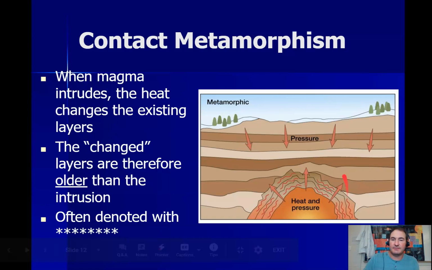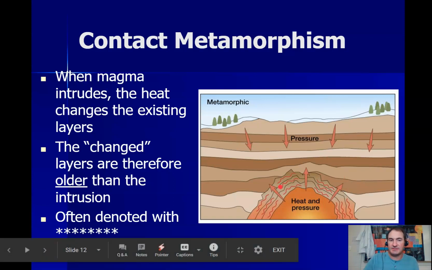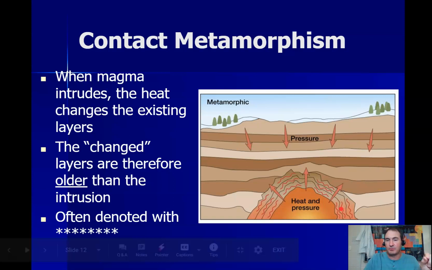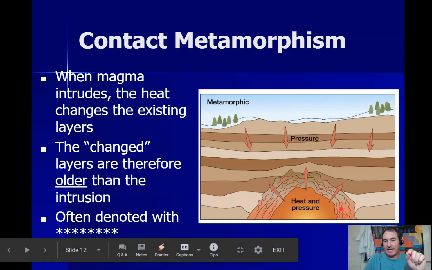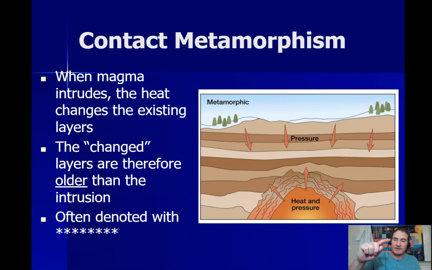A lot of times in this boundary, guys, we'll see little stars. Those little stars will indicate that there's contact metamorphism, or you might see little dashes. But if you ever see an intrusion with an igneous rock, and then on the outside edge of that, you see some kind of an indicator like dashes or asterisks, that tells you that there's contact metamorphism there. Okay.